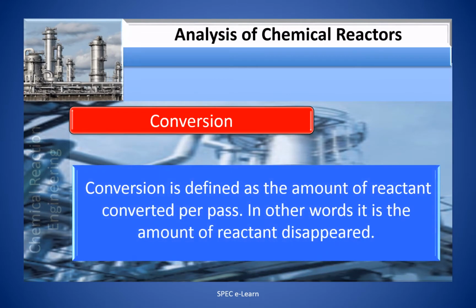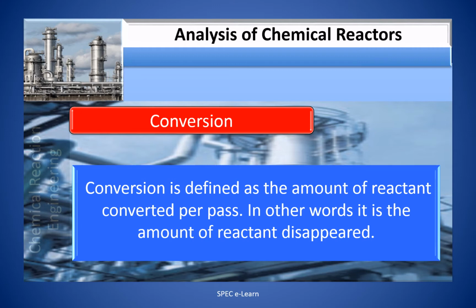Now let us move on to understand what these terms actually mean when applied to analyzing reactor performance. First, conversion. Conversion is defined as the amount of reactant converted per pass.